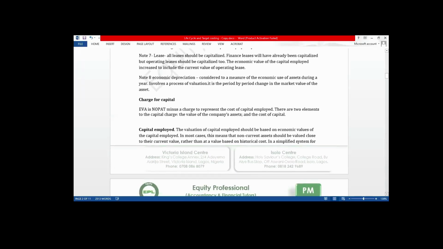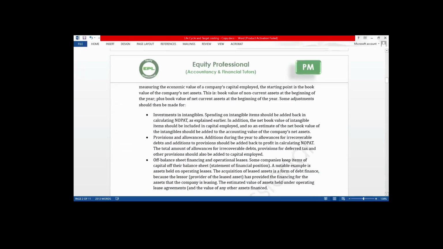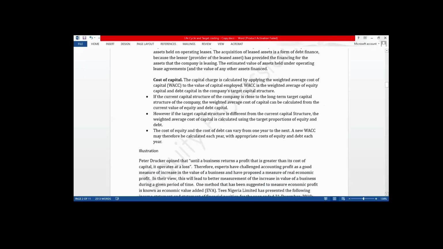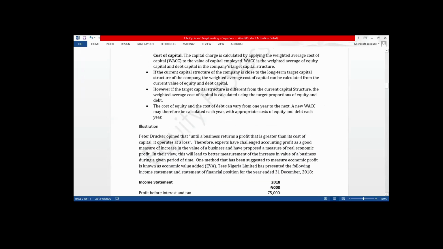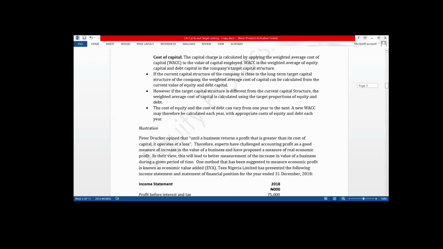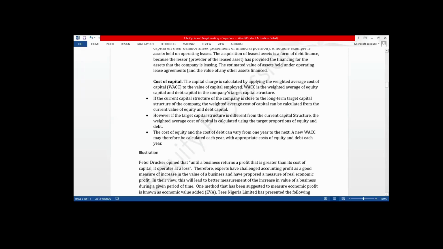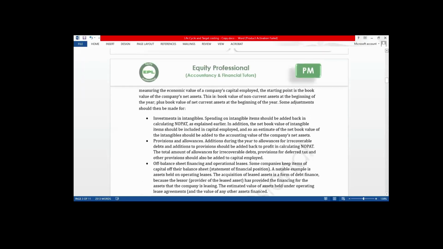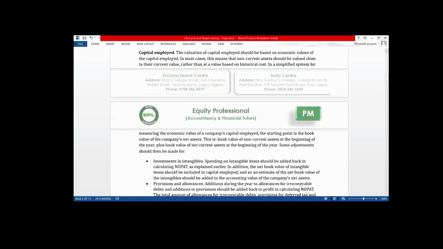Next discussion is how to calculate adjusted capital employed.